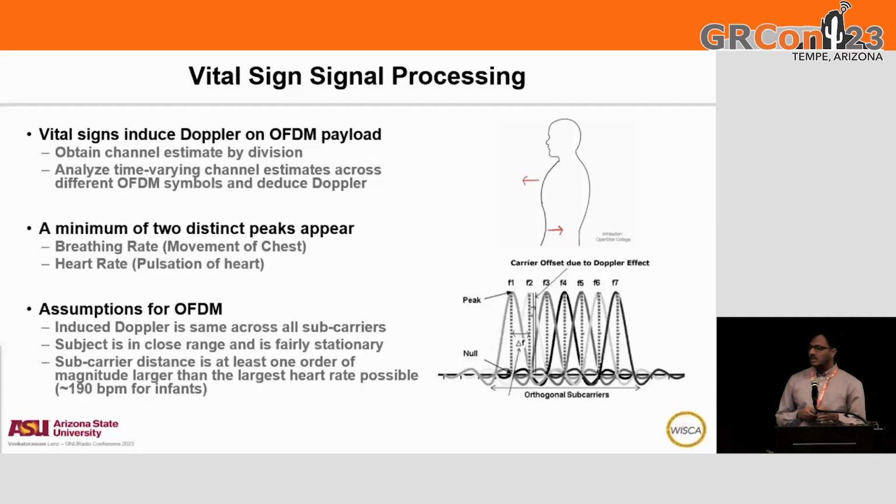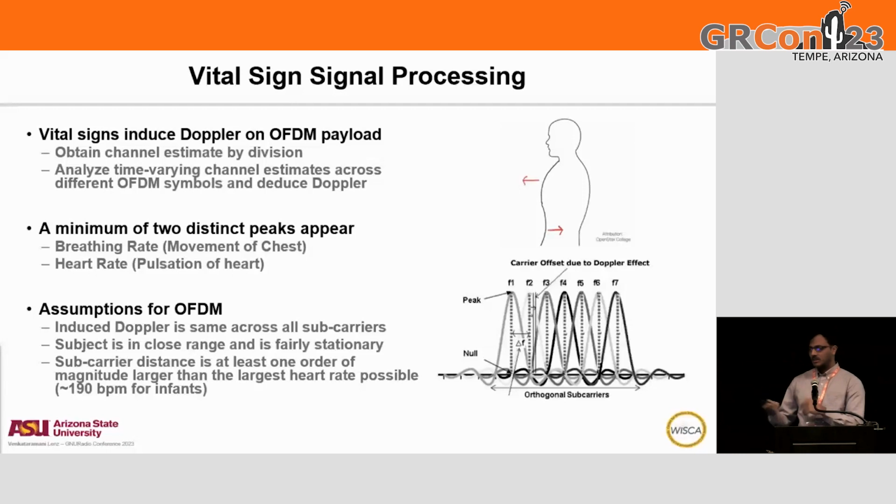So with that being said, I guess there are some technicalities to using the OFDM itself. So the induced Doppler is pretty much the same for us across the entire spectrum because the motion is so slow that it doesn't really cause too much smearing. We put the subject at close range, and make sure that they're fairly stationary.